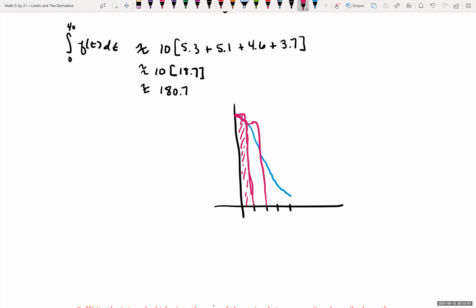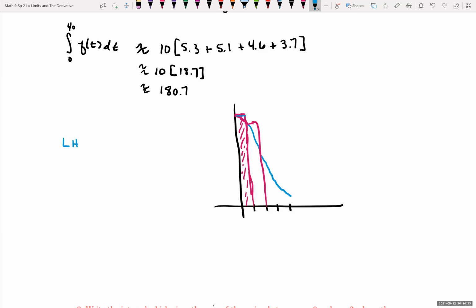And we talked about this theorem that says we can look at the upper bound of our area of that integral, or the lower bound, and the area is going to be sandwiched in between. And so our upper bound right here is our left-hand endpoint.